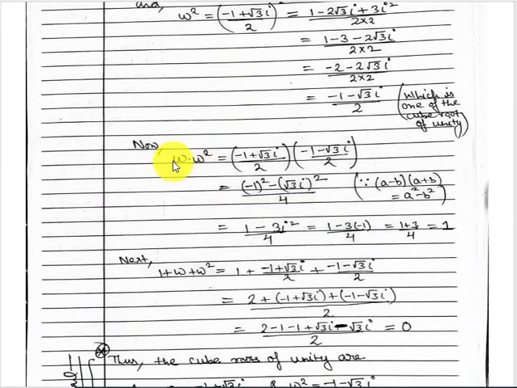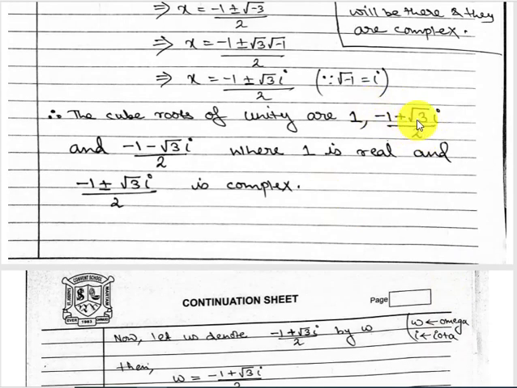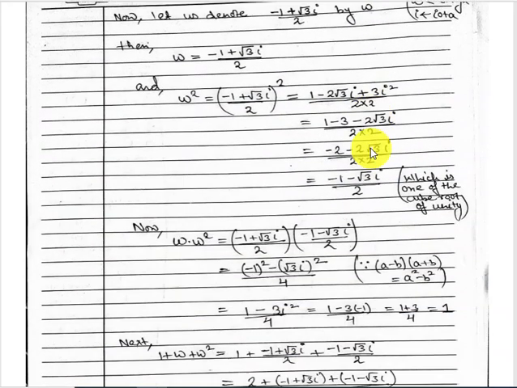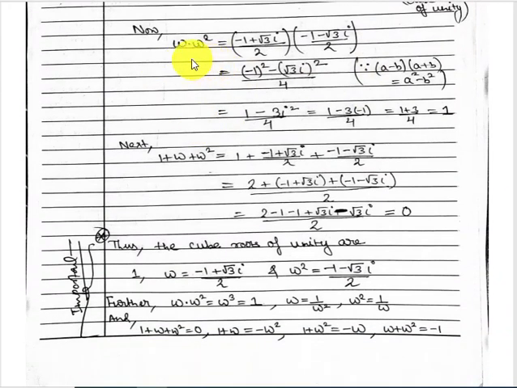So if I take omega into omega square and simplify it, I'll get 1. In fact I mean to say that if I take the product of these 2 complex roots, then I'll get 1. This is the second relation: omega into omega square will be 1.